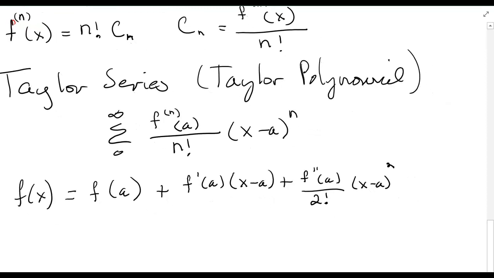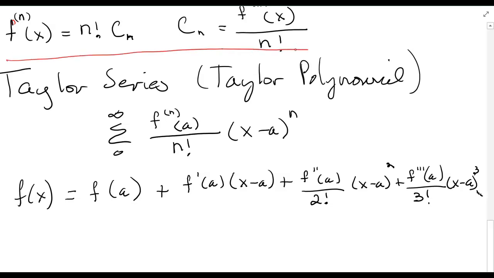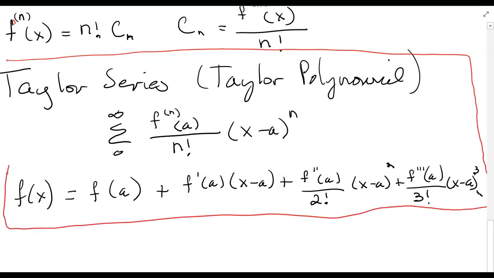We'll take a look at one more: plus the third derivative of a over 3 factorial times (x minus a) cubed. And this goes on and on. This is your Taylor series and Taylor polynomial. This can be used to estimate almost any function.